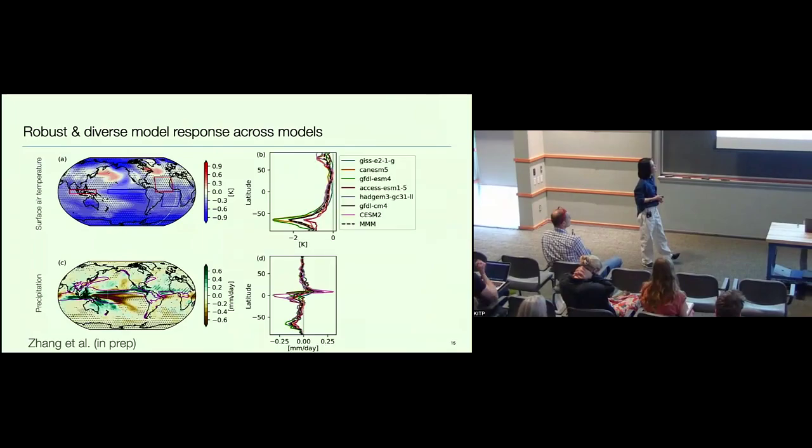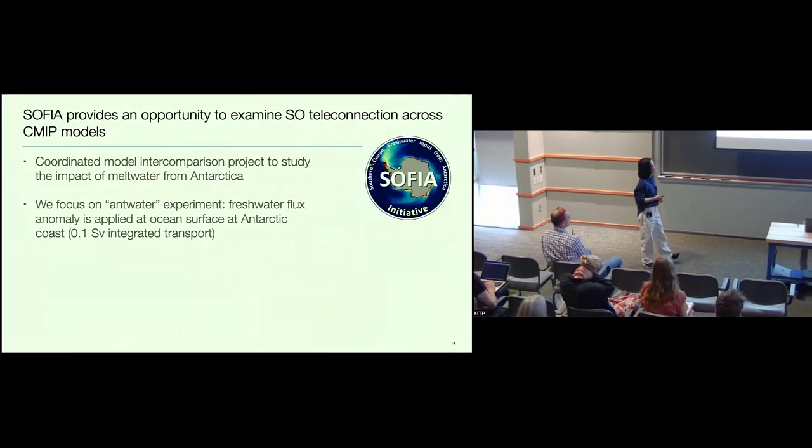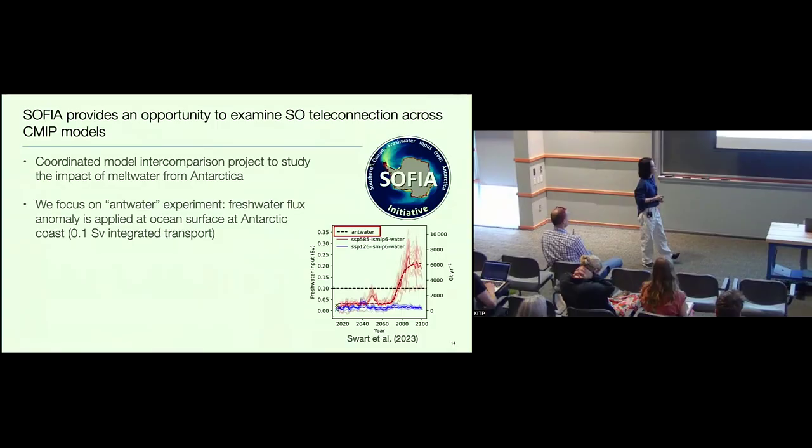I think that's a really good question. If you look at the historical values estimated from ice sheet models, they're actually really small compared to the Antwater experiment. So I suspect that it's not going to have such important drivers in terms of the teleconnection.